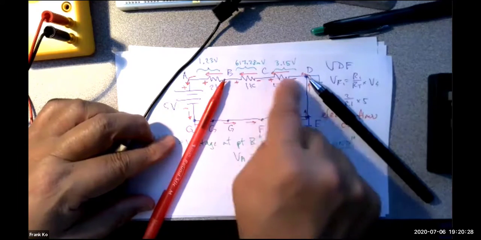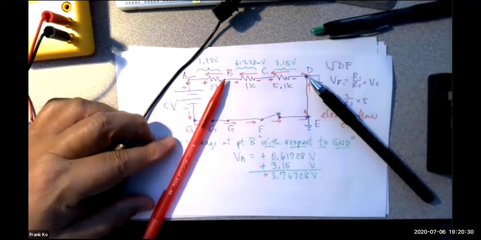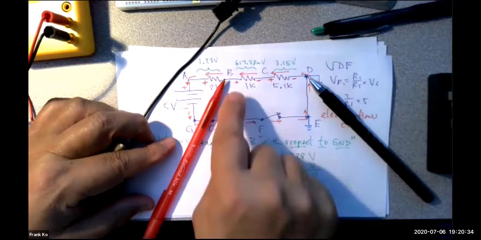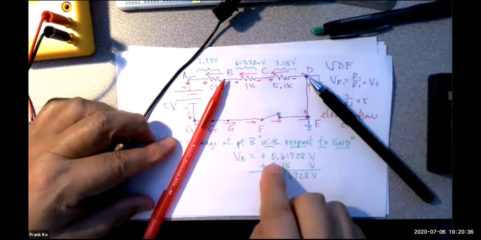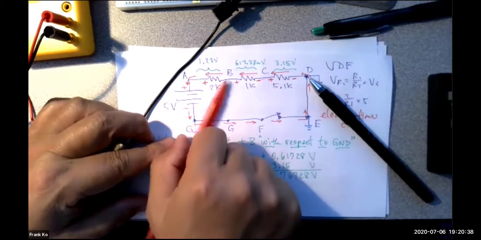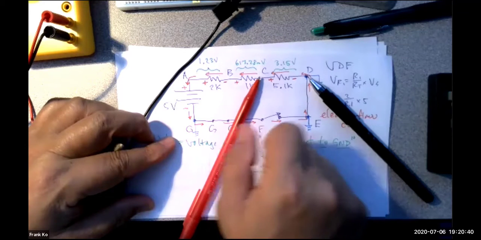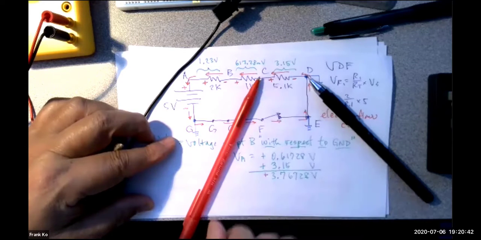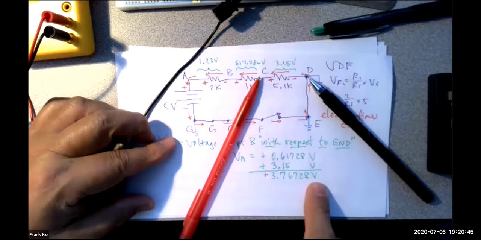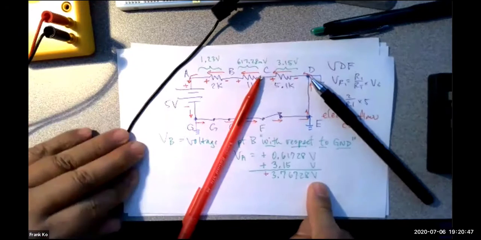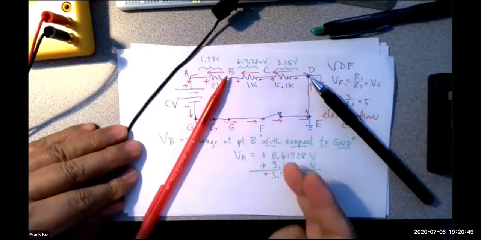Then we only look between the two probes and we see we have those two values. Since we have those two values, you add them together. You start off with a positive 0.61728, and the very next thing we see is a positive 3.15. Add those together, you have a positive 3.76728. Now, that's our prediction.